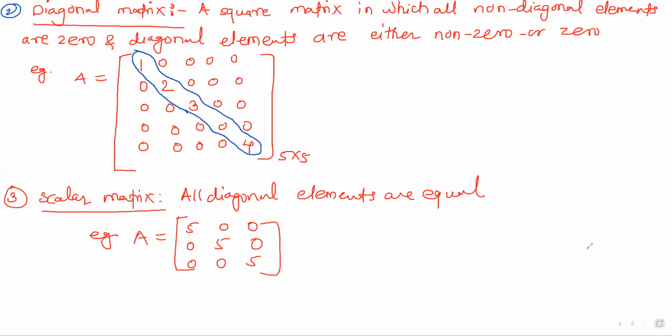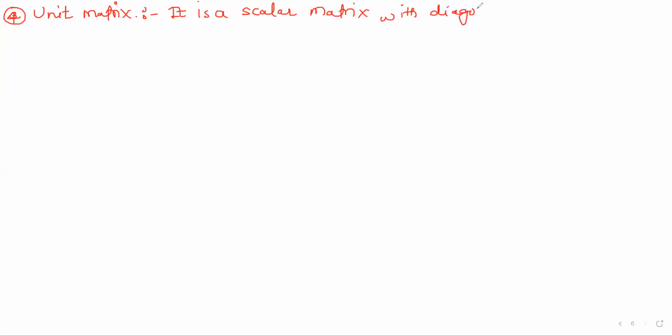Next concept is, this one is already done actually, so we will move ahead a bit. The fourth one, unit matrix. What do you mean by unit matrix? It is a scalar matrix with diagonal element equal to unity, right?